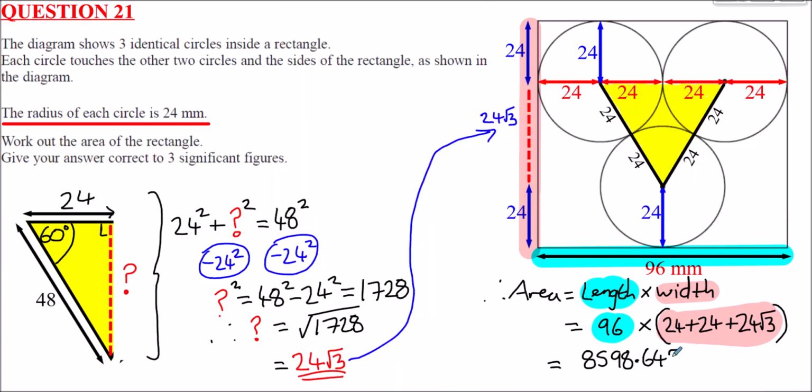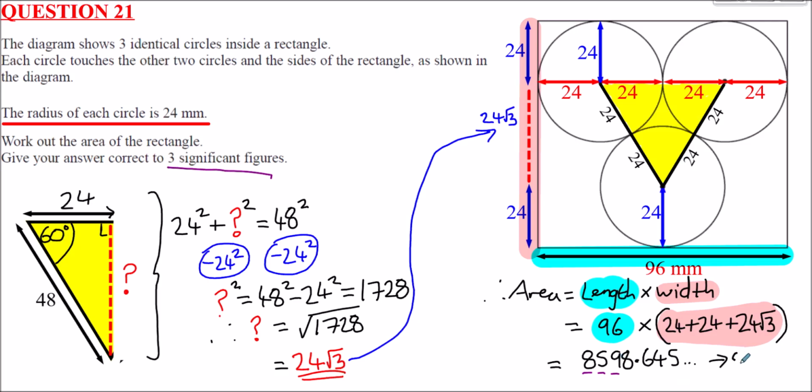Now let's just check how accurate we need our answer to be. We want our answer to be to 3 significant figures. So we need to keep 1, 2, 3. So our answer is either going to look like 859, or if it were to round up, it would look like 860. Now, because next to the 9 is an 8, that 859 will round up to 860.